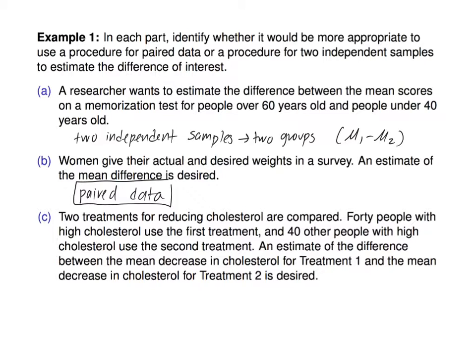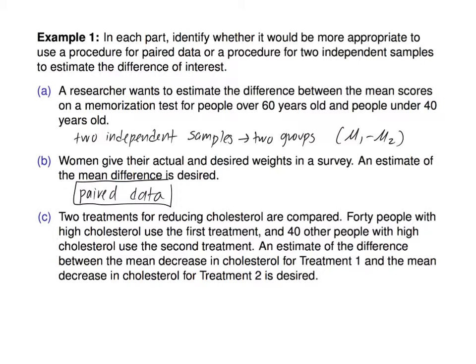Two treatments for reducing cholesterol are compared. 40 people with high cholesterol use the first treatment, and 40 other people with high cholesterol use the second. An estimate of the difference between the mean decrease in cholesterol for treatment 1 and the mean decrease in cholesterol for treatment 2 is desired. Are they two groups of people or are they paired somehow?